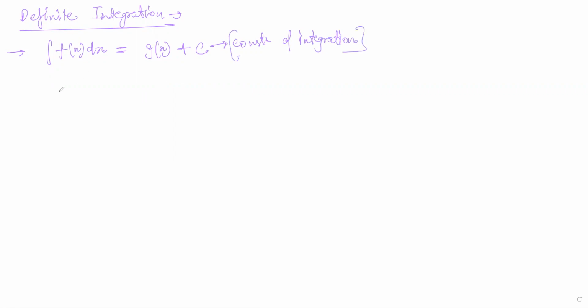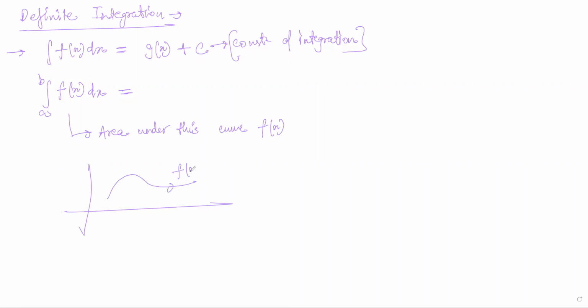Now, if we come to definite integration, the only change is that it has limits. And within limits, if we solve any integration, then we are basically getting the area under the curve f(x). Let's say we have this graph of function f(x), and suppose we want to integrate it from a to b.